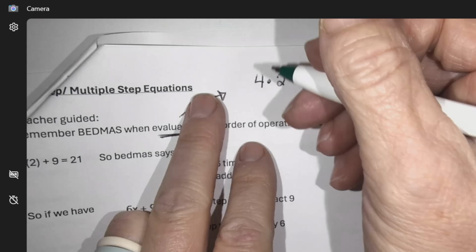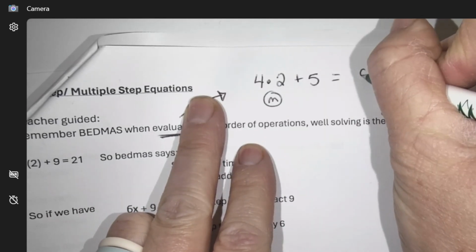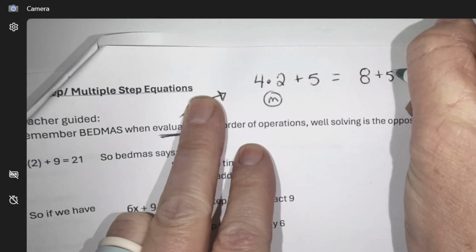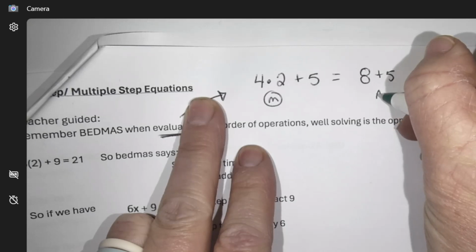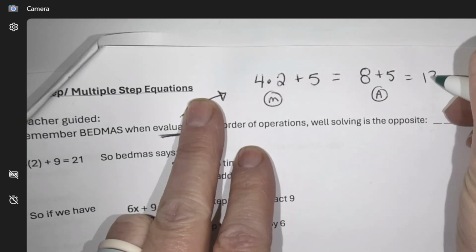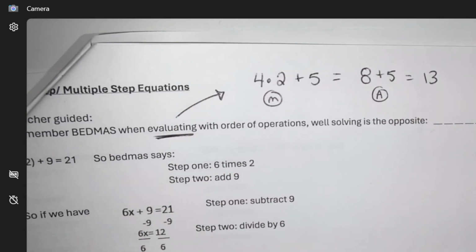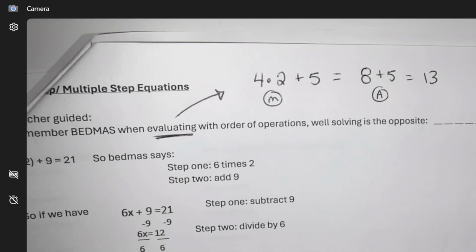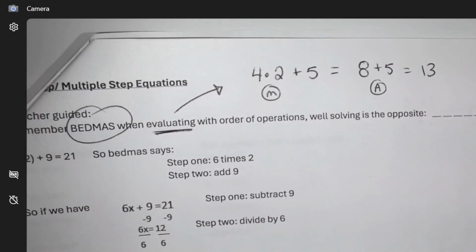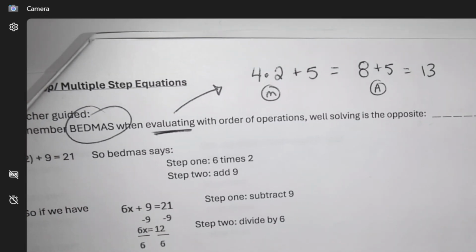Multiply first, so 8, and then I would add. So the word evaluate means that, figure out the number. So I used BEDMAS.